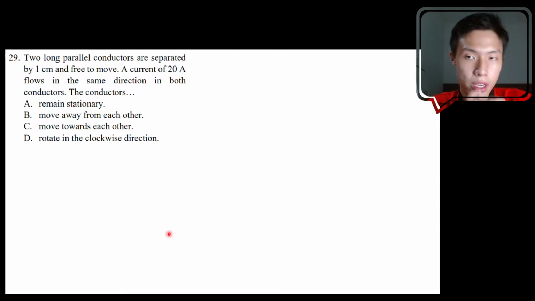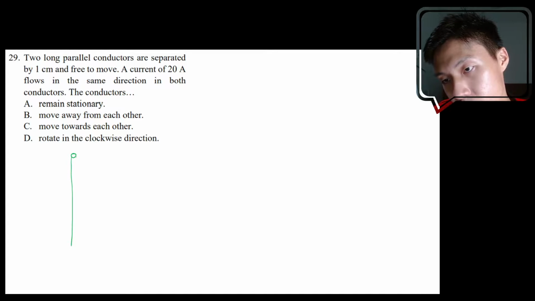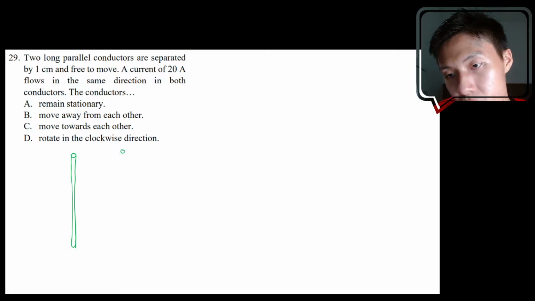This should be a quite straightforward question, but let me visualize the situation first. You have two long parallel conductors. I'm drawing one, and I'm drawing a second one.